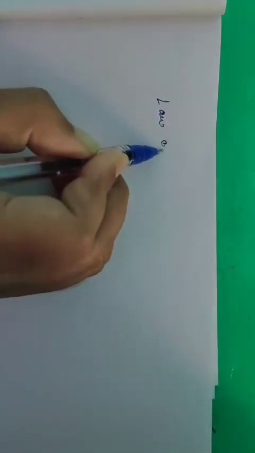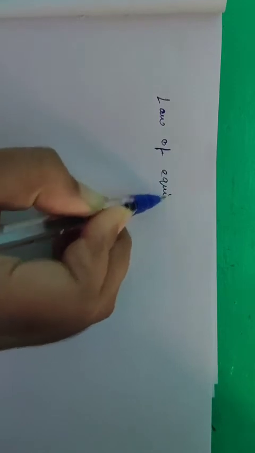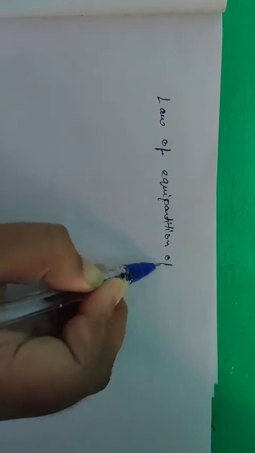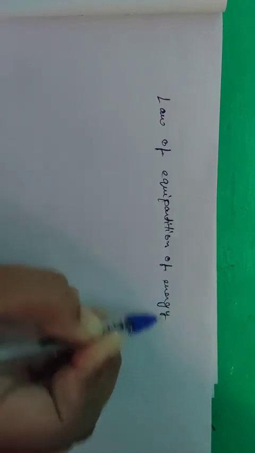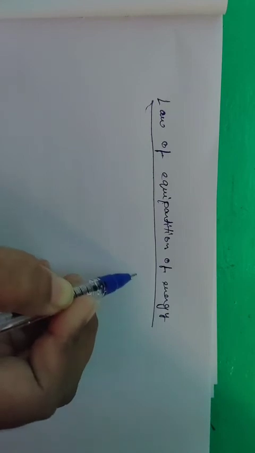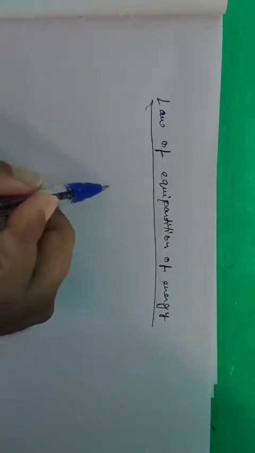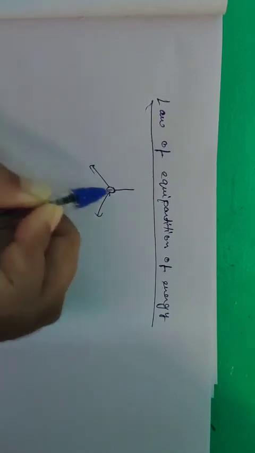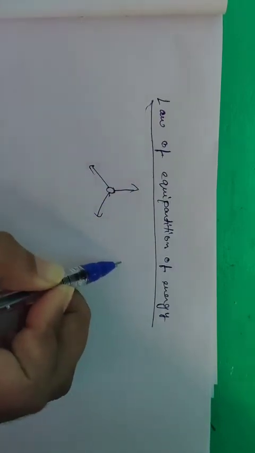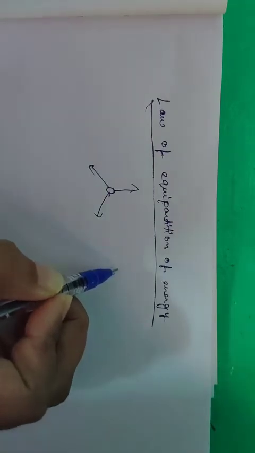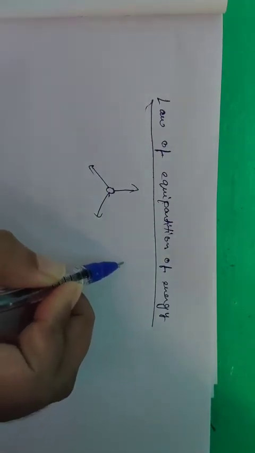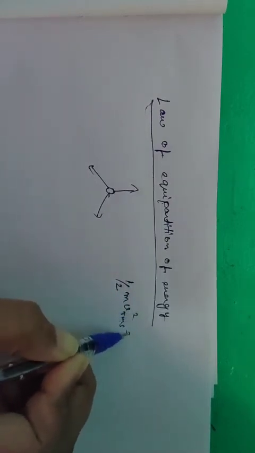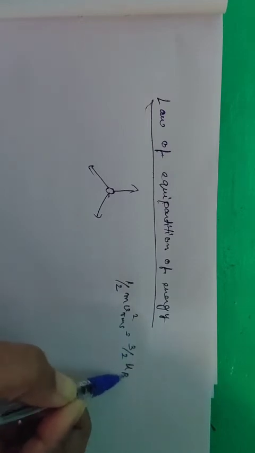Next is the law of equipartition of energy. It states that, suppose for a molecule with 3 degrees of freedom, the kinetic energy of a gas molecule will be 3 by 2 kBT.